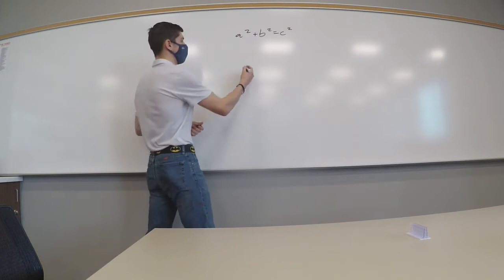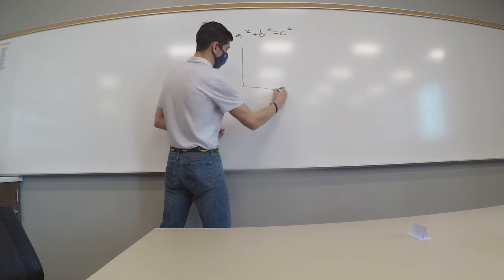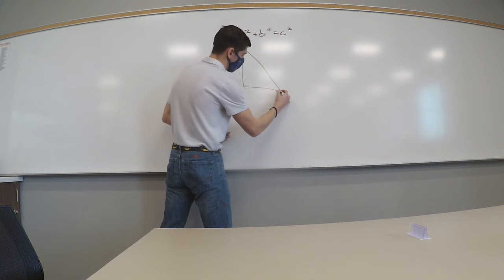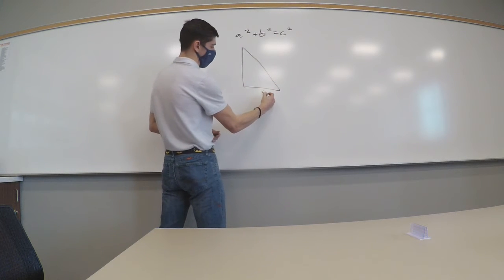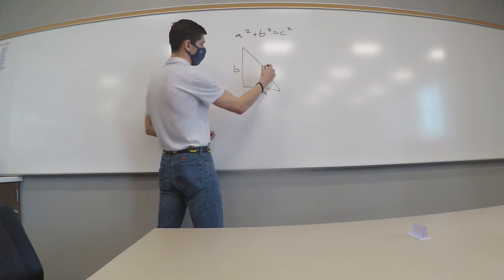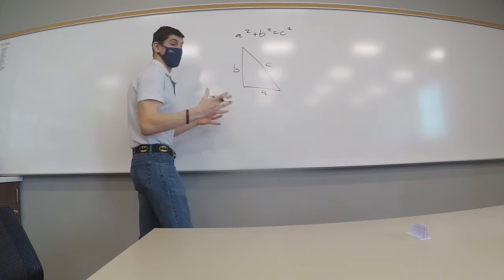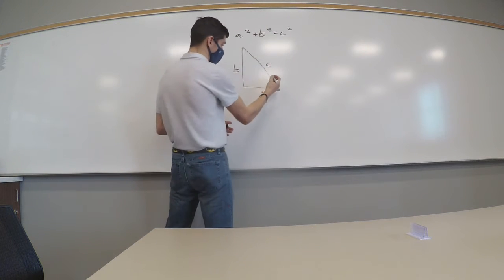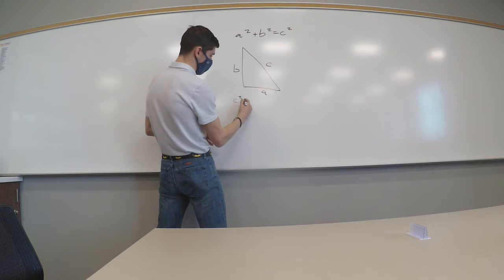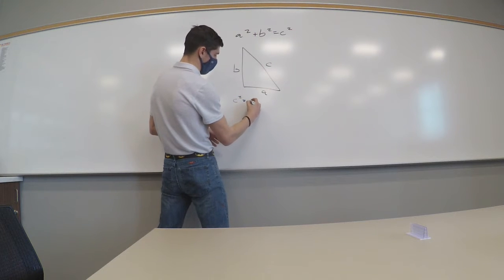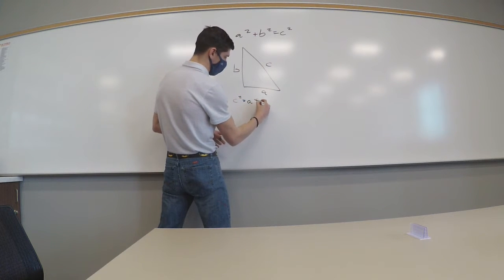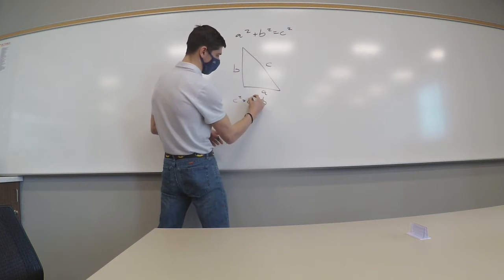So, if we have a right triangle with sides A, B, and C, the Pythagorean theorem states that we can find c squared by taking the sum of the other two sides squared.